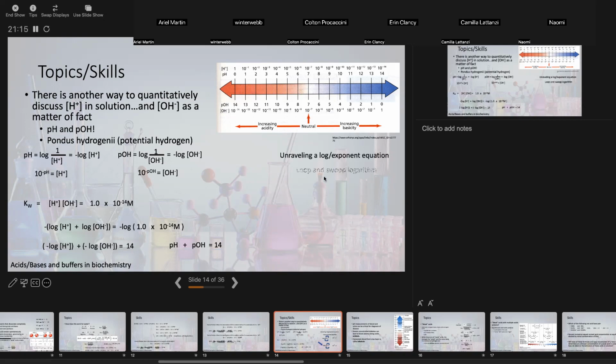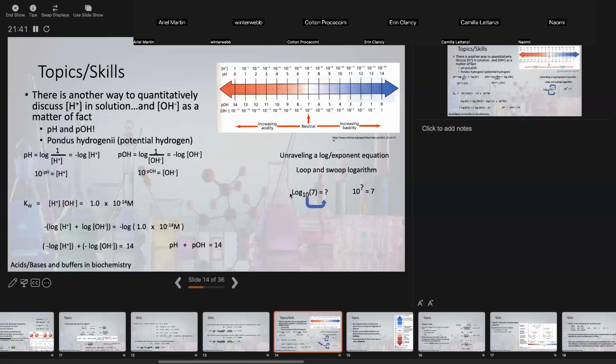And then this is in here because I've come across enough students that aren't familiar with what I refer to as the loop and swoop way to solve a logarithm. I call it loop and swoop because we loop and swoop. So in order to quickly solve log base 10 of 7, we can loop, right?